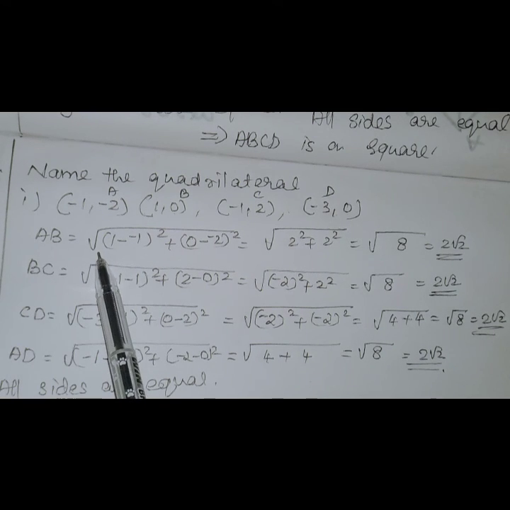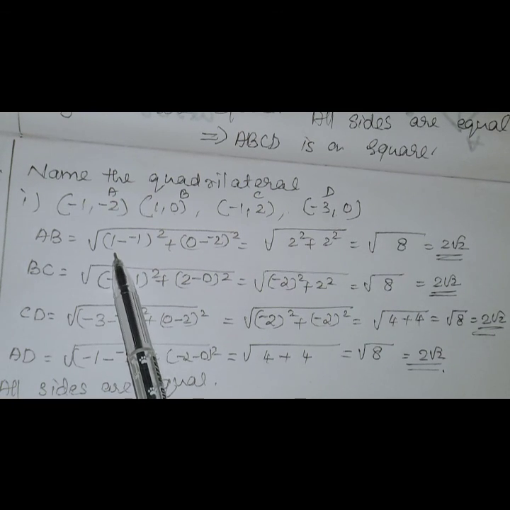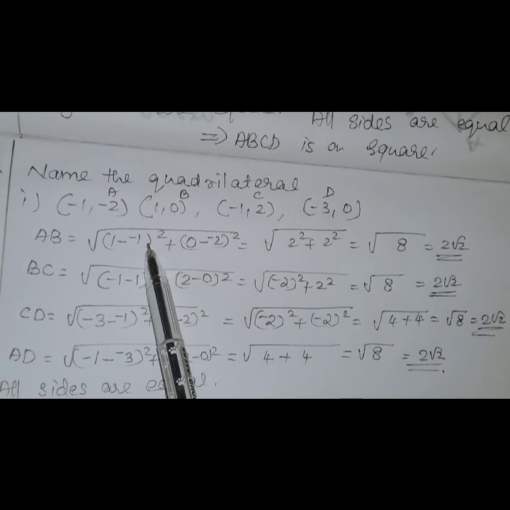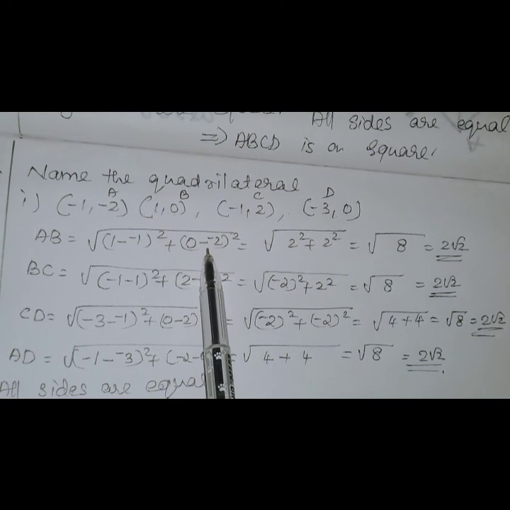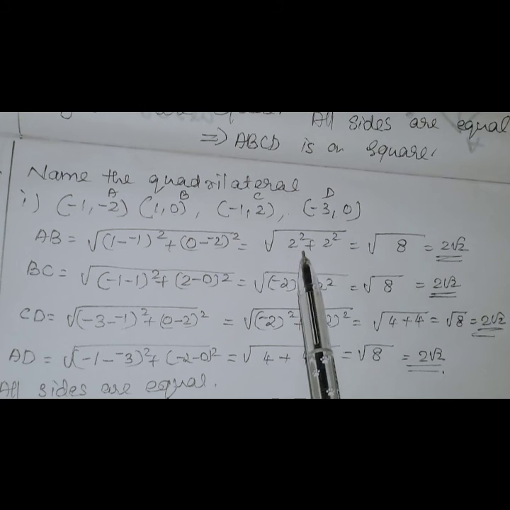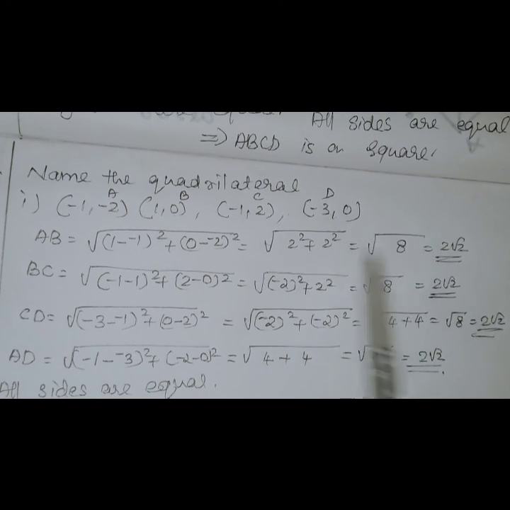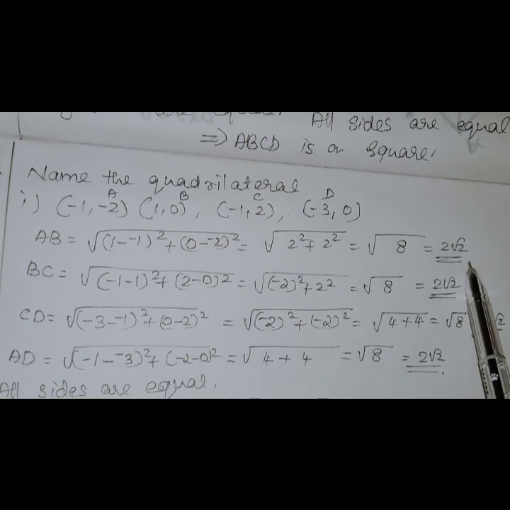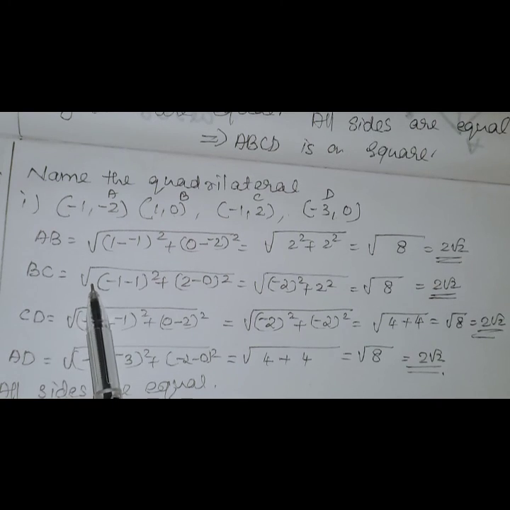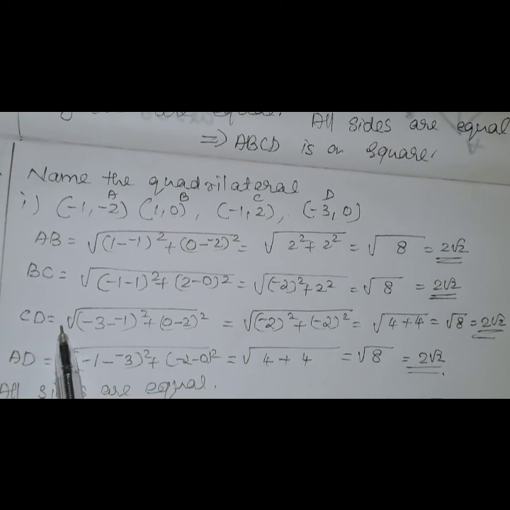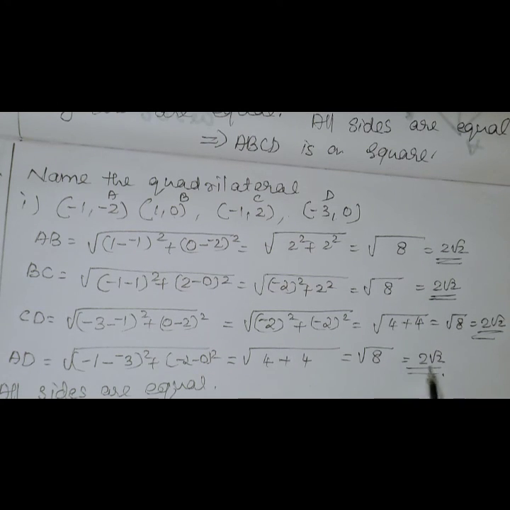So AB is the root of (1 minus negative 1) whole square plus (0 minus negative 2) whole square, which is the root of 2 square plus 2 square, equal to root 8, that is 2 root 2. BC and CD are also 2 root 2, and AD is also 2 root 2.